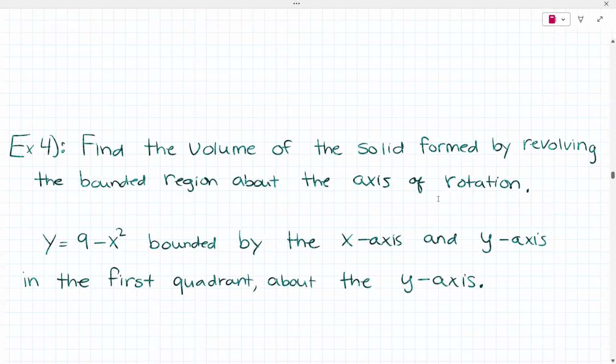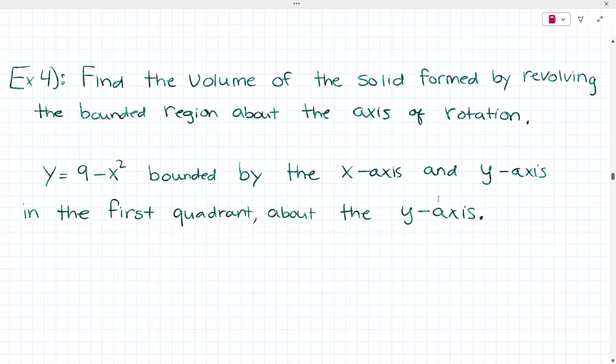Example 4 says find the volume of the solid formed by revolving the bounded region about the axis of rotation. We are given y equals 9 minus x squared, bounded by the x-axis and the y-axis in the first quadrant, about the y-axis. Okay, so let's draw our image.